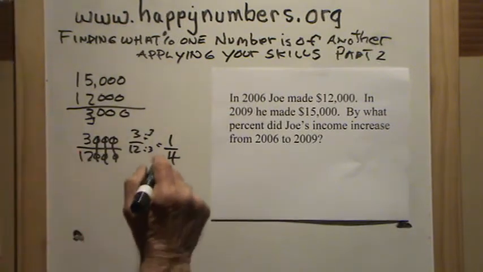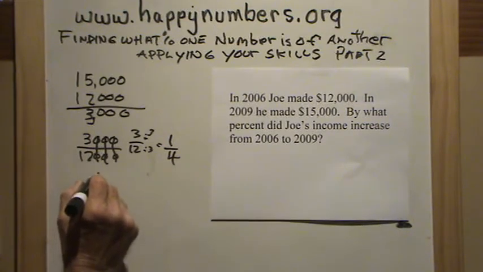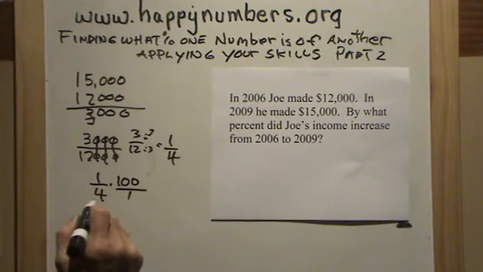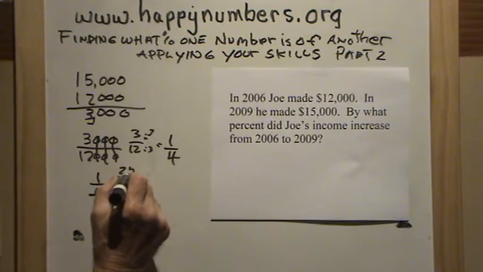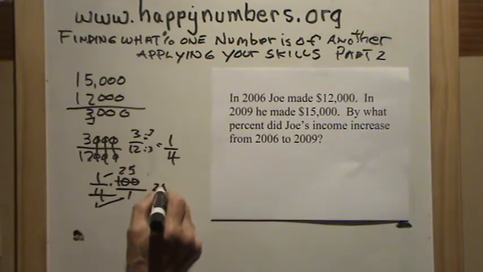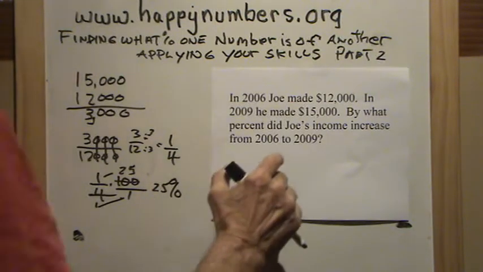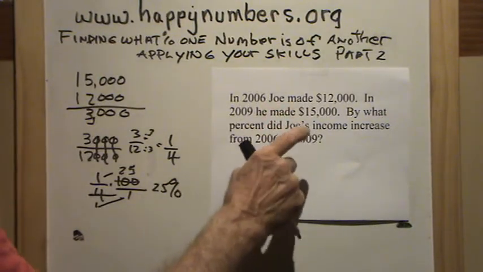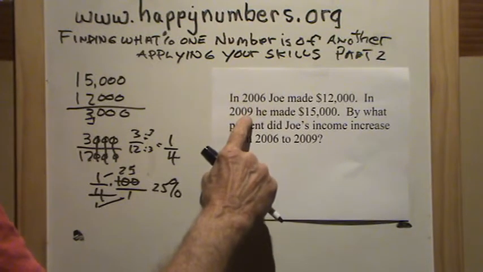Now we have to change it to a percent, and I'm going to use the multiply by 100 method because 4 goes evenly into 100. 4 goes into 4 one time, 4 goes into 100 25 times, and we multiply and we get 25 over 1, or 25%. So his income increased 25% from 2006 to 2009.